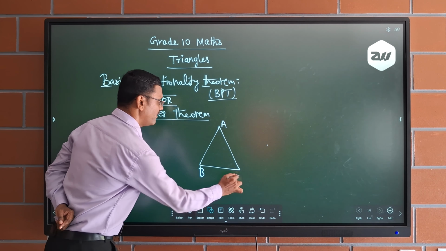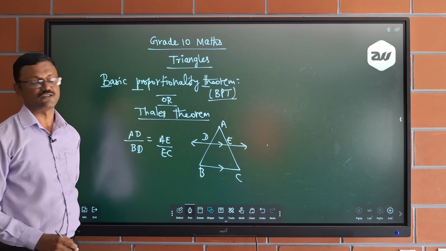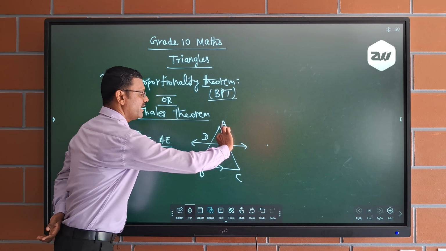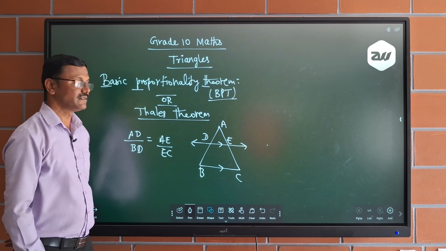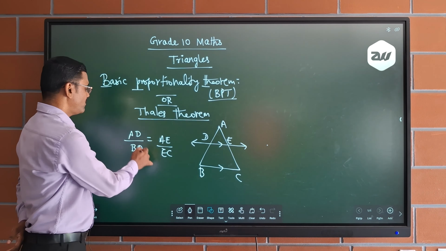So AD by BD equals AE by EC. Both ratios are the same. This is what the basic proportionality theorem says.